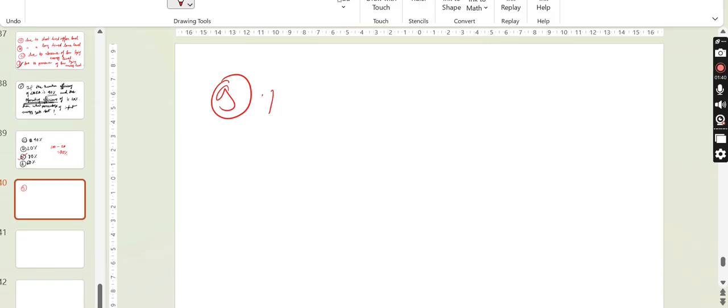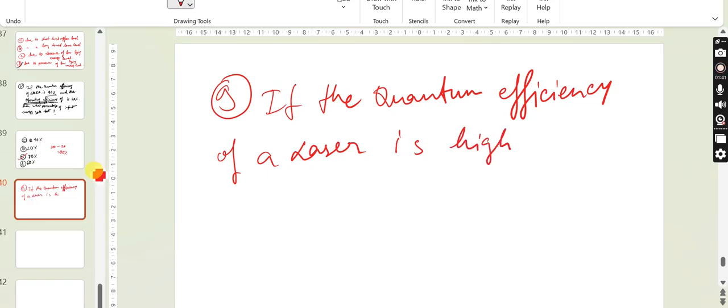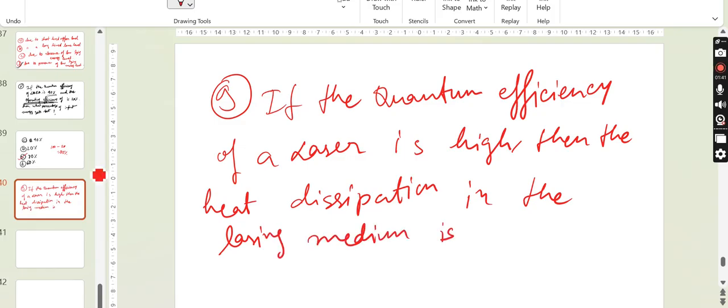the lasing medium is... If the quantum efficiency is high, then the lost energy is low.